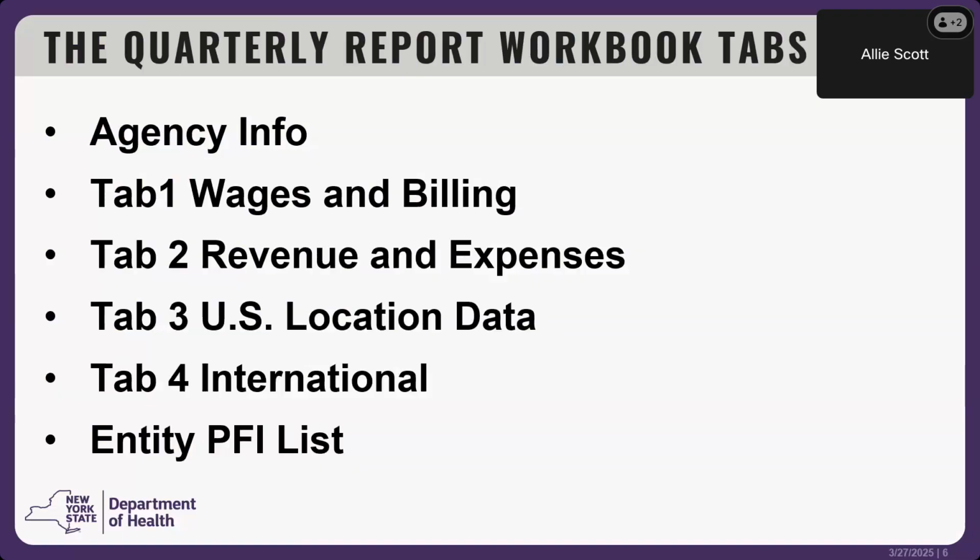So within the quarterly report, there are 5 tabs that you must fill out completely. Note that when you open the file, you'll notice 4 additional tabs. Those are just instructions to help you get started on completing your report. I also recommend that you download the latest version of our workbook from our website prior to starting your submission.